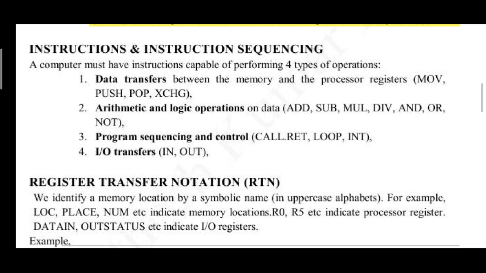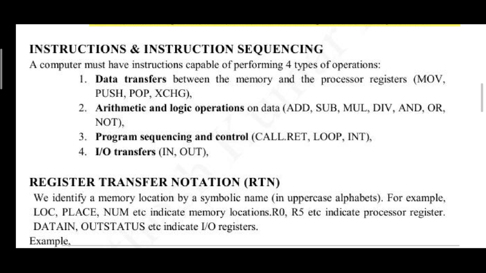Then we have program sequencing and control. Program sequencing and control means changing the path of the execution. Those sets of instructions are available, like call instruction, return instruction, loop, and interrupt. These are all the various instructions available. We'll be discussing them in detail later.